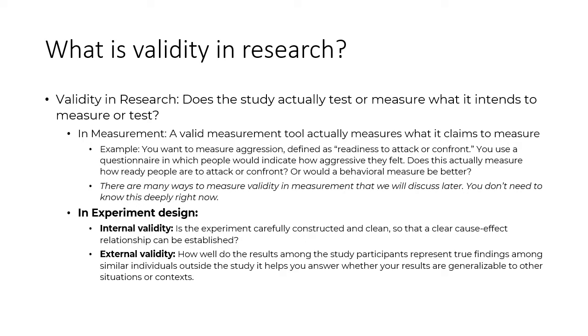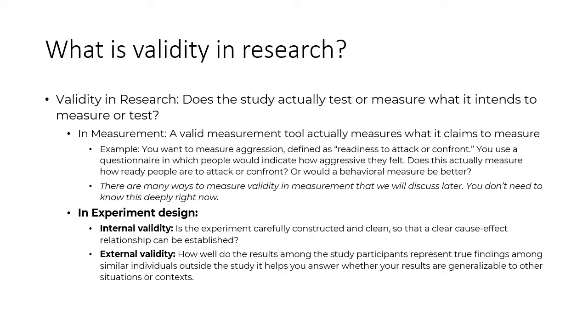So what you decide to do is use a questionnaire in which people just answer questions about how aggressive they felt after something happened to them. And the question that has to be asked is, does this actually measure readiness to attack or confront? Will people accurately be able to describe their own level of aggression, or would some sort of a behavioral measure be better?